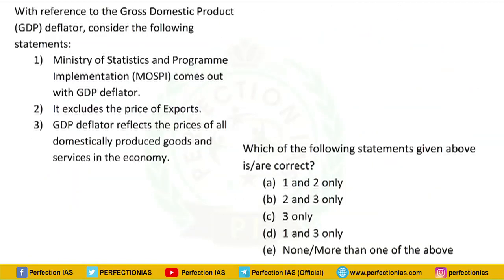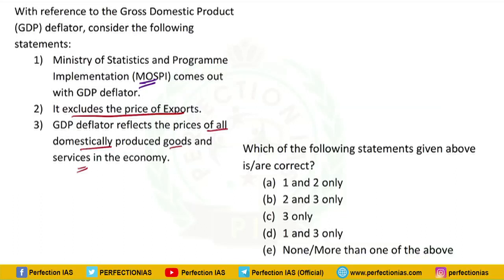Next question is, with reference to GDP deflator, consider the following statements. First statement is, it is released by MOSPI, that is Ministry of Statistics and Program Implementation. Second statement is, it excludes the price of exports. Third statement is, GDP deflator reflects the prices of all domestically produced goods and services in the economy.